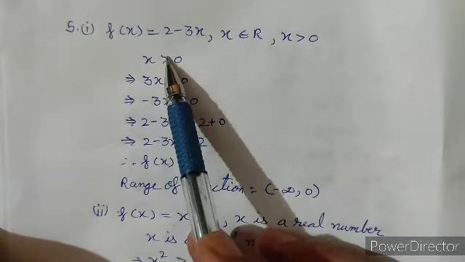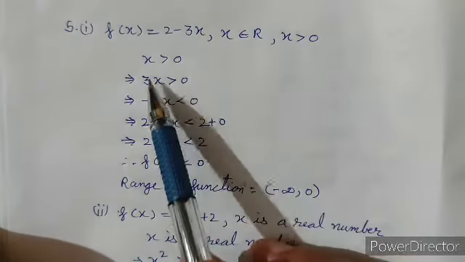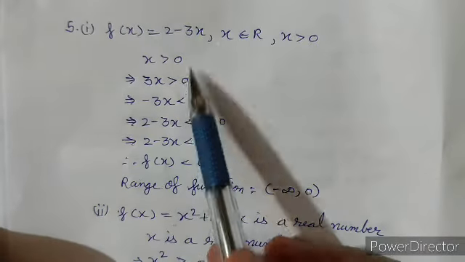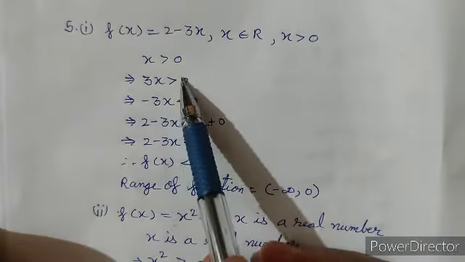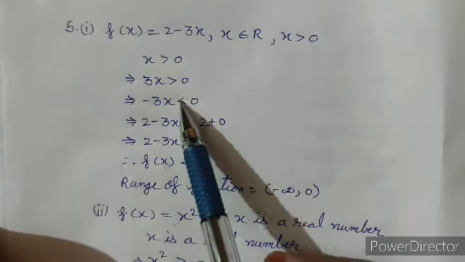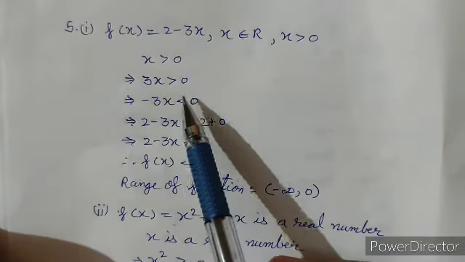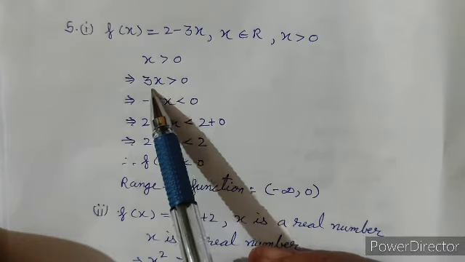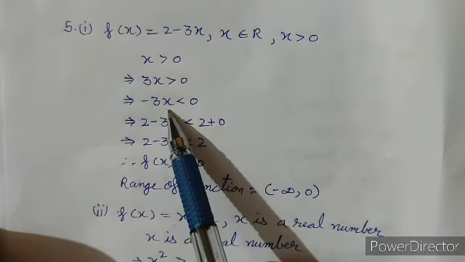Now if x is greater than 0, then 3x will be greater than 0. Now here it is minus 3x, so on multiplying both sides by minus 1, minus 3x will be less than 0. Now whenever we multiply the inequality by a negative sign or divide by a negative sign, the sign of inequality changes.